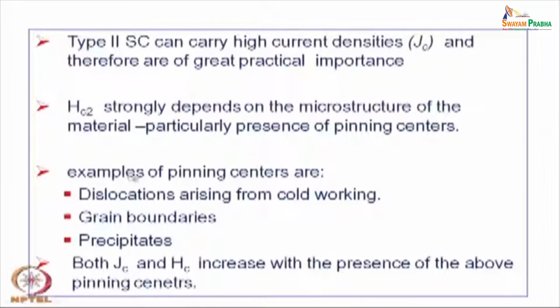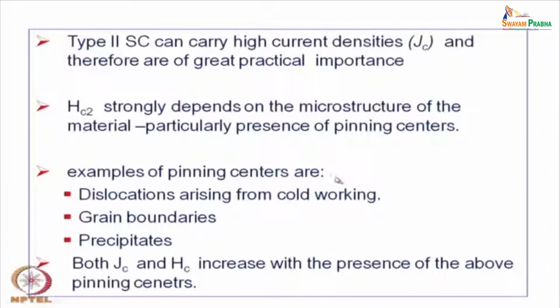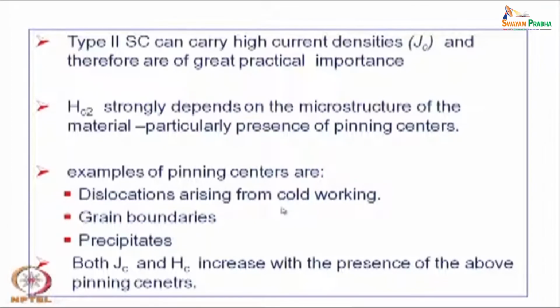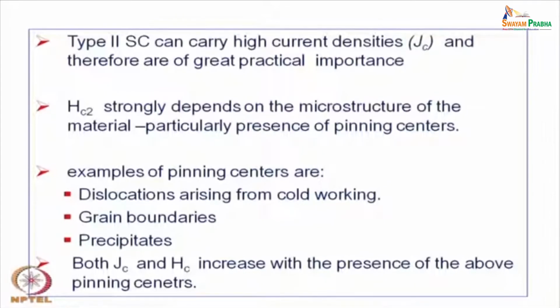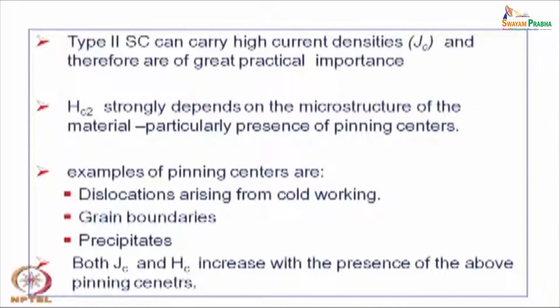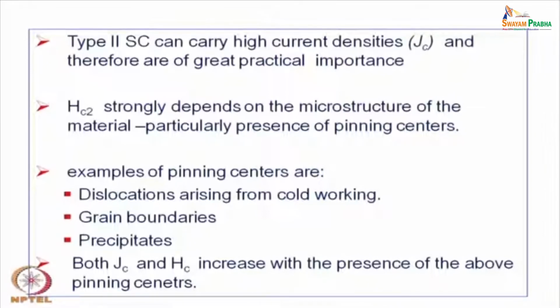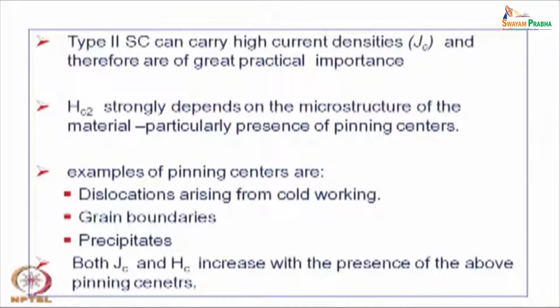So, the examples of pinning centers for the magnetic lines of force are like this: dislocations arising from cold working, particularly for metallic materials or intermetallic materials, where some amount of deformation is possible, but in general intermetallic materials are quite brittle. So, you cannot generate too much plastic deformation. However, in elements one can introduce a lot of plastic deformation, and plastic deformation, as we have seen earlier, is basically the introduction of dislocations.